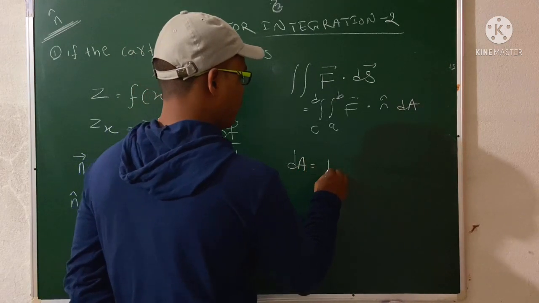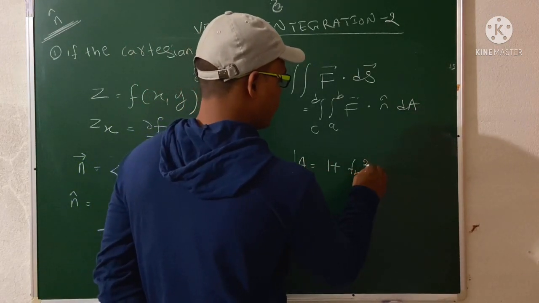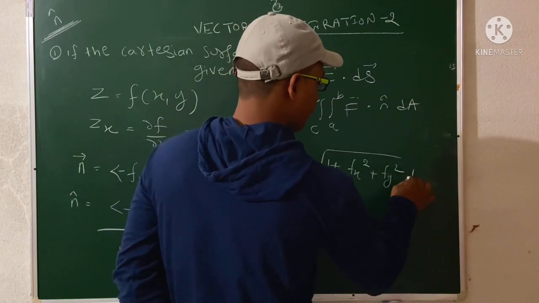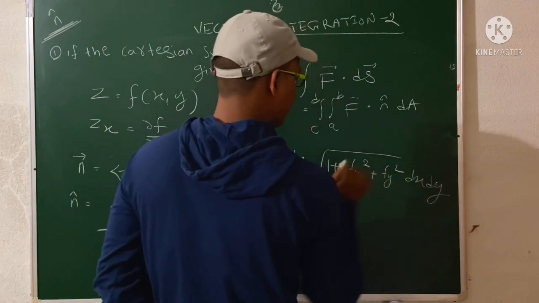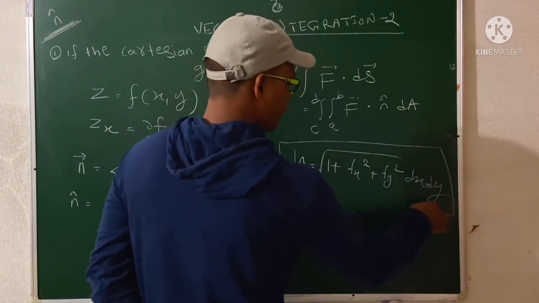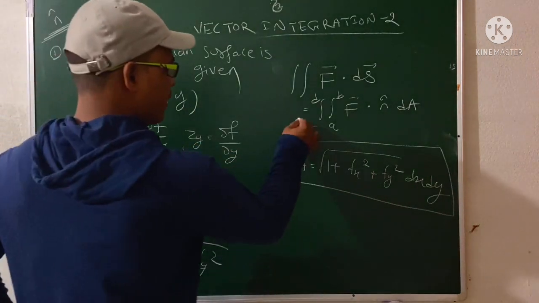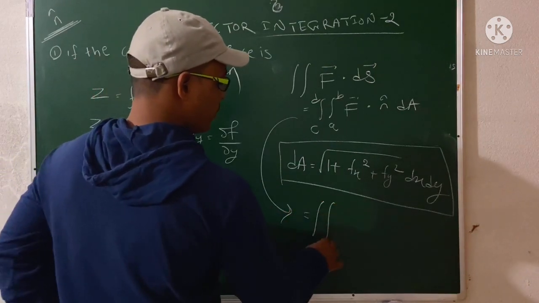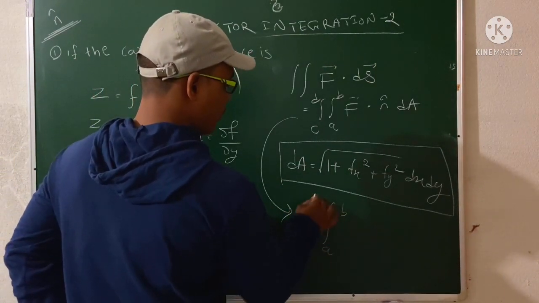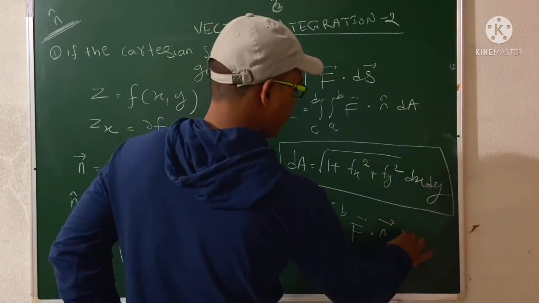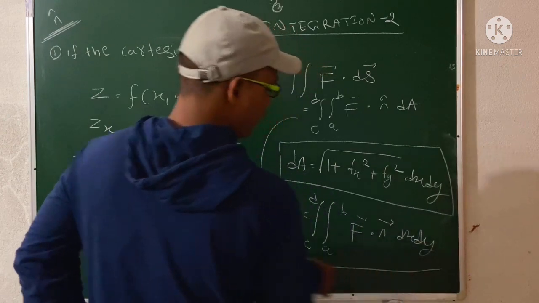Your dA will be root over 1 plus f_x square plus f_y square into dx dy. So this is the dA and this is the n cap. If you multiply this, then you directly get this answer as the integral a to b, c to d, f vector dot n vector into dx dy. So finally you will get this.